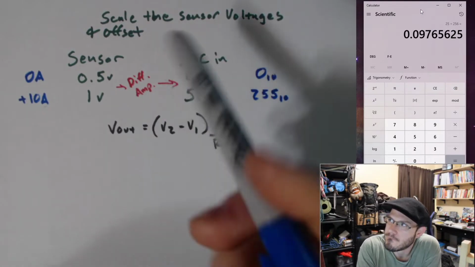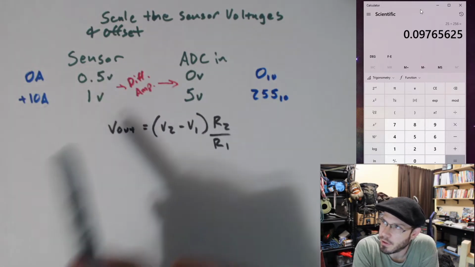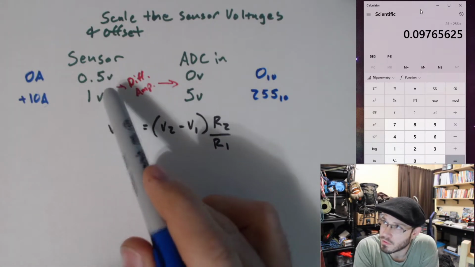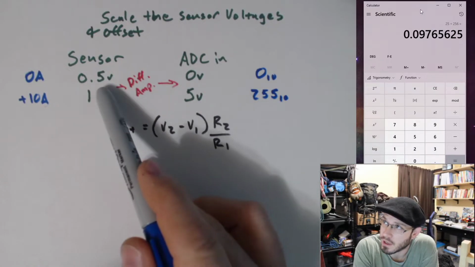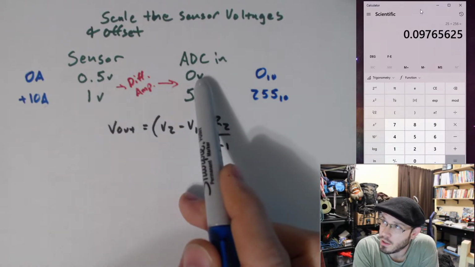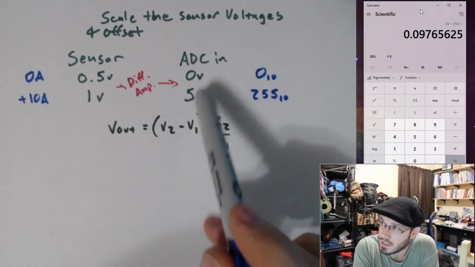Now, my difference for my sensor input is 0.5 volts. 0.5 to 1 volt is a 0.5 volt difference. And I want to multiply that by some number to give me a 5 volt difference.